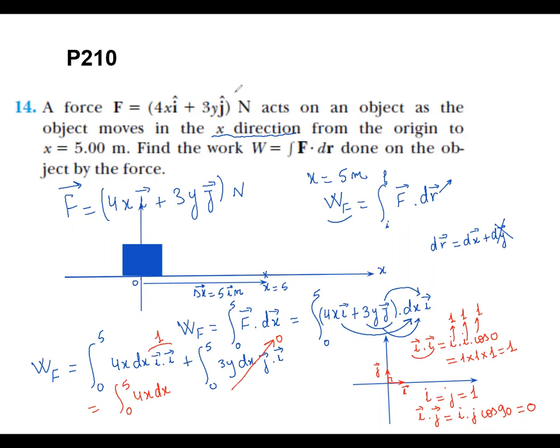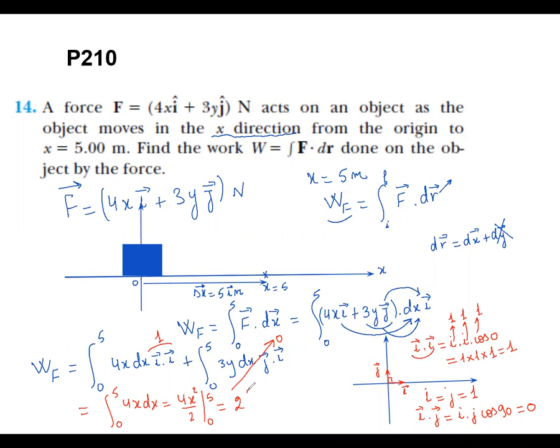So the integral from 0 to 5 of 4x dx equals 4x squared divided by 2 between 0 and 5. 4 over 2 equals 2.